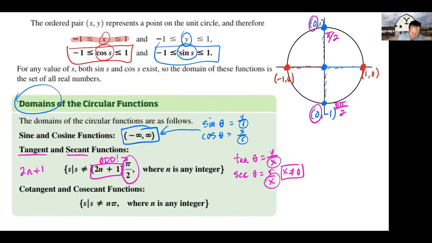And similarly, when we talk about the cotangent and cosecant functions, cotangent is just the reciprocal function of tangent. So now that's x over y. And cosecant, the reciprocal function of sine, is r over y. So now you can see the issues in the denominator that we cannot have equal 0 is where y is equal to 0.